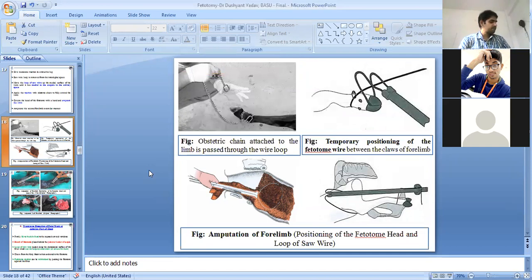Then we engage the wire shaft and head of the fetotome.